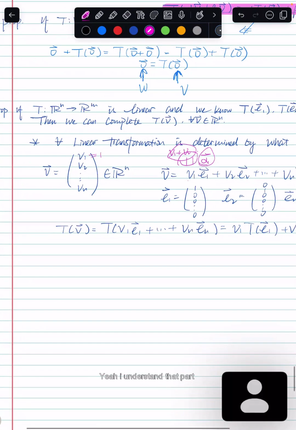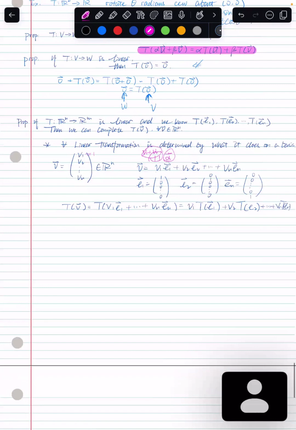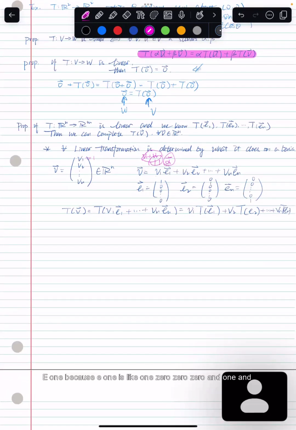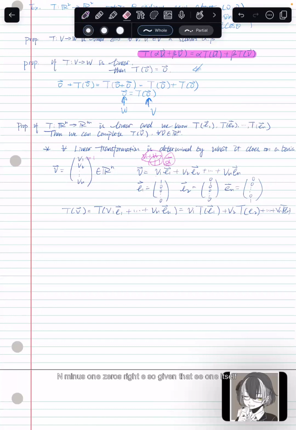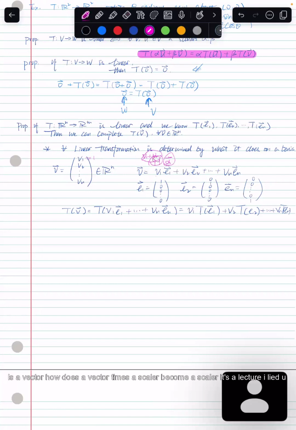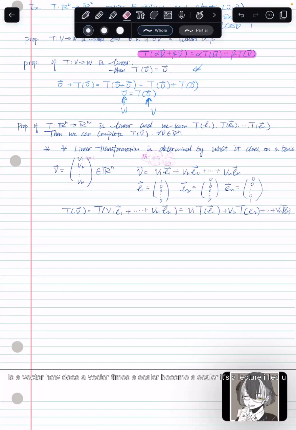Yeah, I understand that part. I feel like because E1 is 1, 0, 0, with n minus 1 zeros, right? So given that E1 itself is a vector, how does a vector times a scalar become a scalar? It's a vector. I lied.